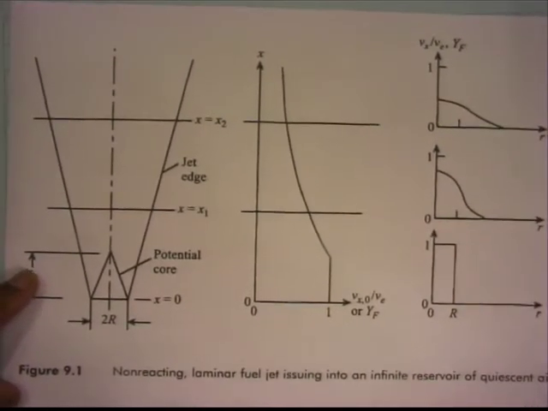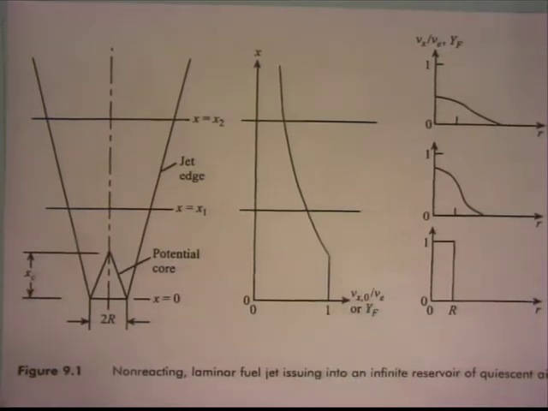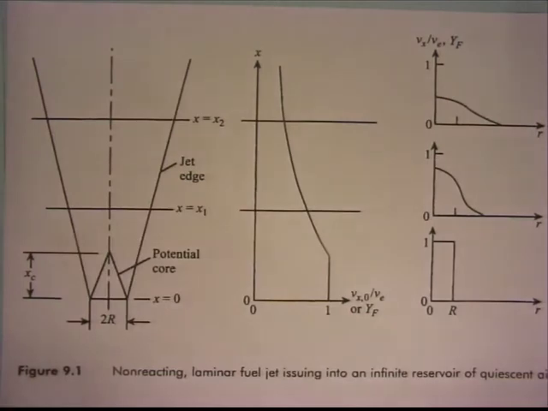If you call the velocity at the nozzle exit Ve and assume it to be uniform, then you can plot Vx0 by Ve as a function of x, which is the axial distance. Now what is Vx0? Vx is the velocity in the x direction, and Vx0 is the Vx at the center line, that is at r equal to 0.